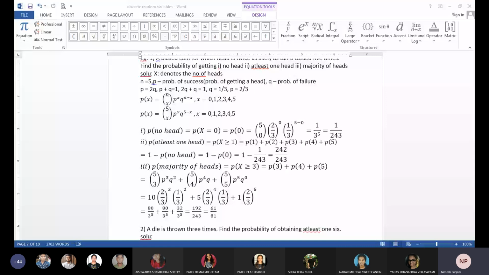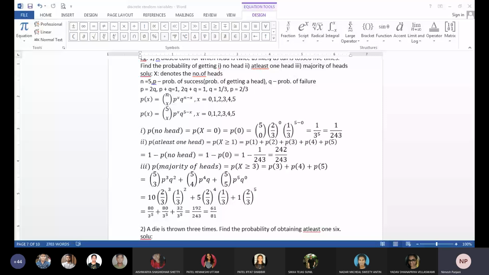That gives me the expression in terms of x as probability of x greater than or equal to 3.